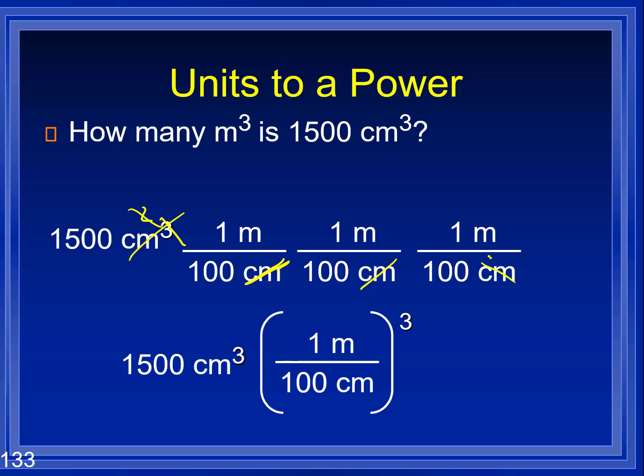So push along with me. 1,500. The 100's on the bottom, so you push divided by 100. Find your power button. You want it to the 3rd power. 1,500 divided by 100 cubed is 1.5 times 10 to the minus 3rd.